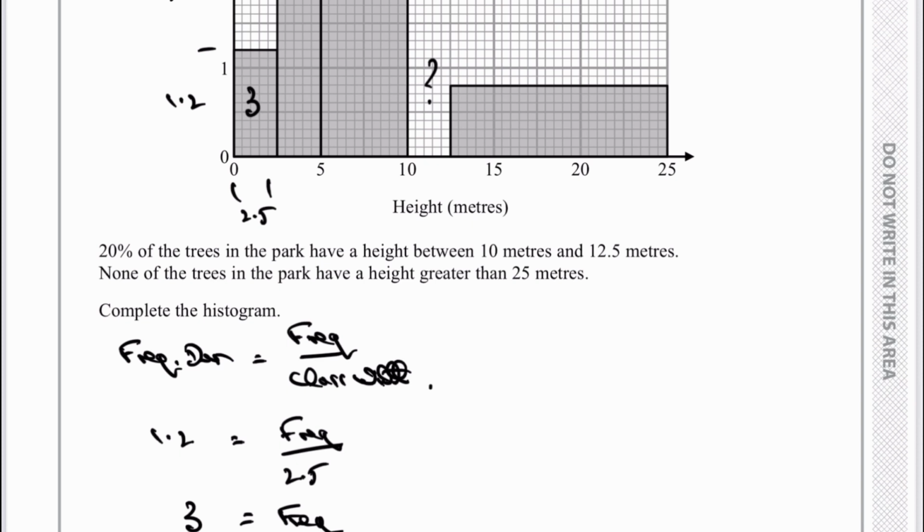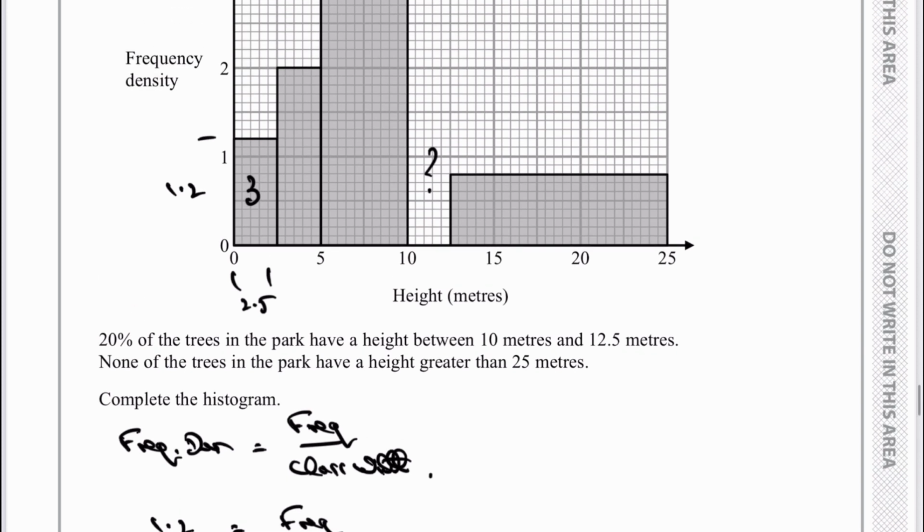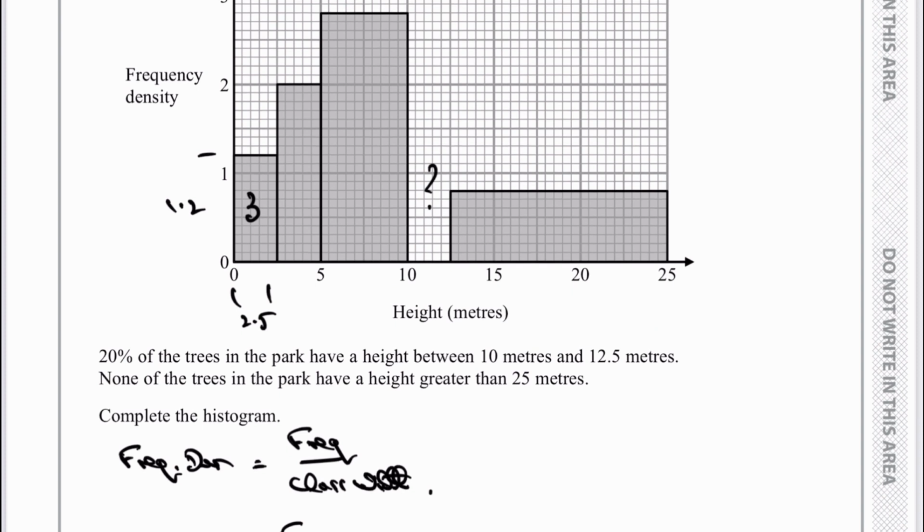And then really I do the same for everything else. With block number 2, I've got a class width of 2.5, I've got a height of 2, so 2.5 times 2 is 5. The third one along, I've got a class width of 5, which is this length along here, and then I've got a frequency density all the way up here of 2.8. 5 multiplied by 2.8 means there must be 14 trees in that block.